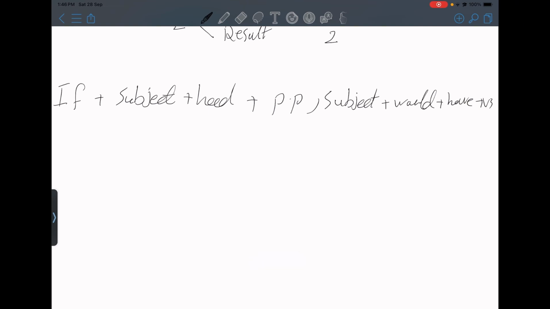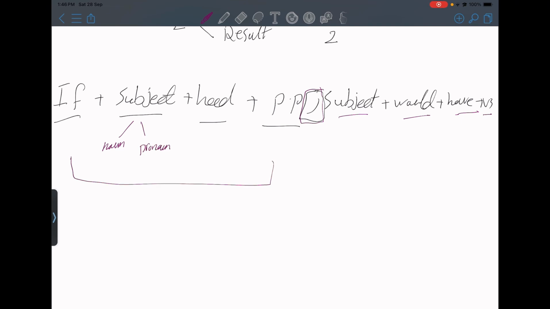As you can see, if plus subject plus had plus past participle, then you have the comma, subject plus would plus have, and the past participle. The subject means you have the noun or the pronoun.